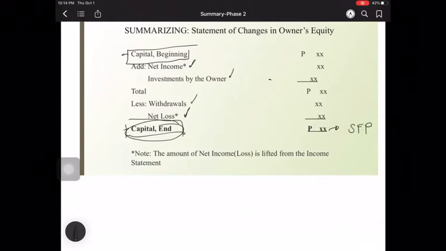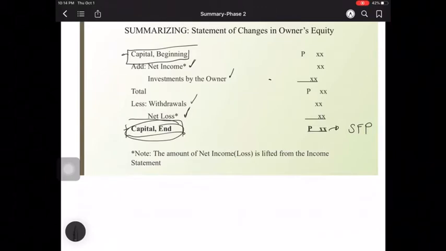So you see there the process. If from the very beginning you already committed a mistake, then you won't be able to move on to the next processes correctly, because you won't be able to use the correct amounts. You won't be able to balance your statement of financial position later on if, from the very beginning, you already committed a mistake.